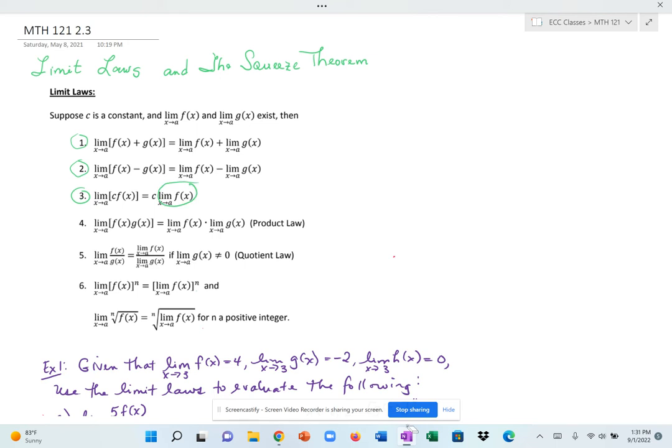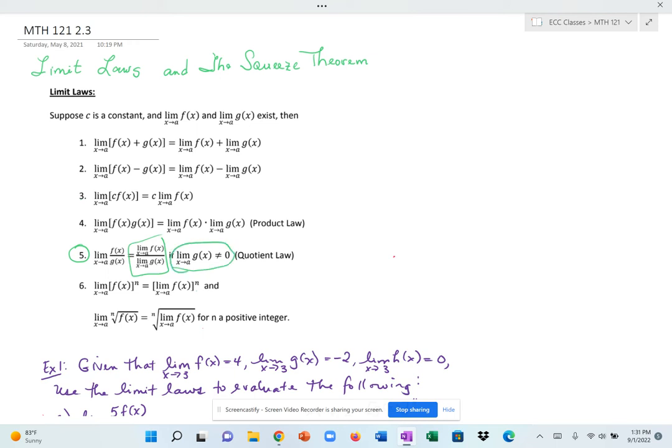The fourth one has a special name. It's called the product law for limits. And it says that the limit of a product of two functions is equivalent to the product of the limits. And number 5 also has its own name, called the quotient law for limits. It says that the limit of the quotient of two functions is equal to the quotient of the limits, but here there is a restriction.